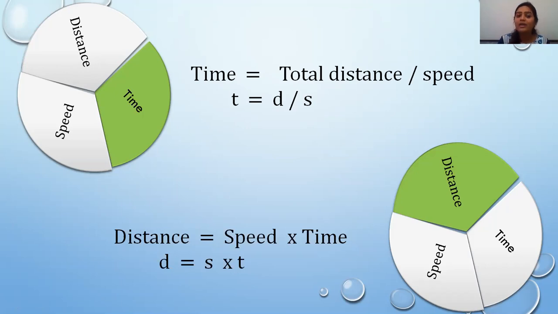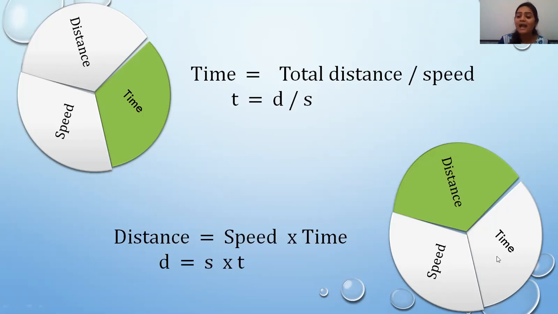So whenever I have to find out, say for example, the formula for time, I see that my distance here is in the numerator and speed is in the denominator. Correct? So I can easily write it down: time is equal to distance upon speed. In the same way, if I have to find out the formula for distance, what do I see?